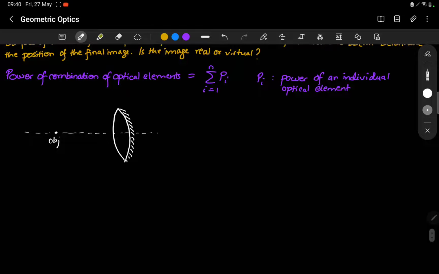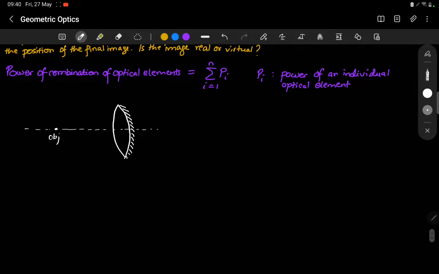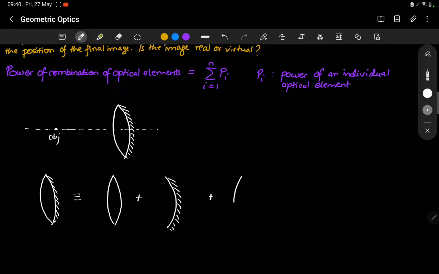So we can decompose our optical element as we had seen previously. So we have this optical element. So this can be broken down into a convex lens plus a concave mirror followed by the lens again.